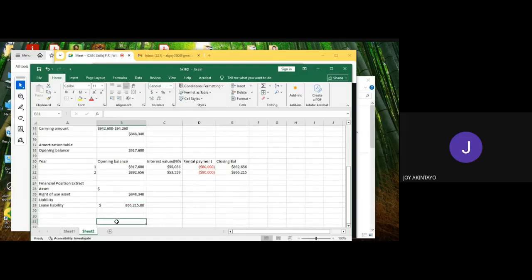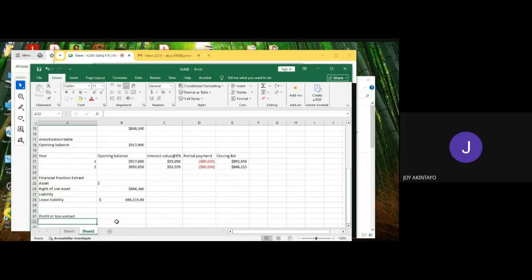Let's now assume we are being told that we should prepare the profit or loss extract. So what you just need for the second year is just your finance charge.